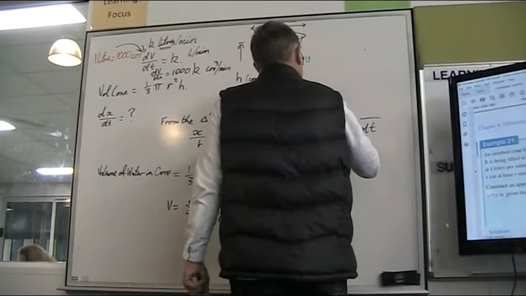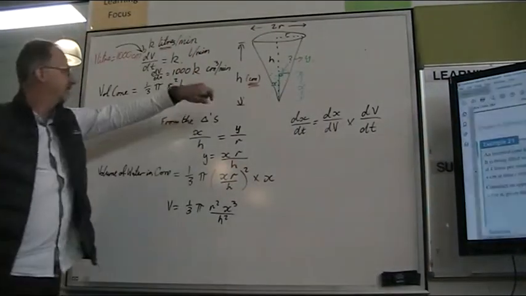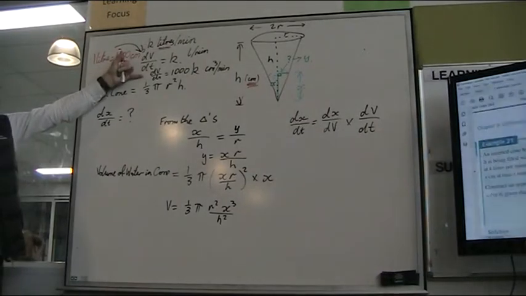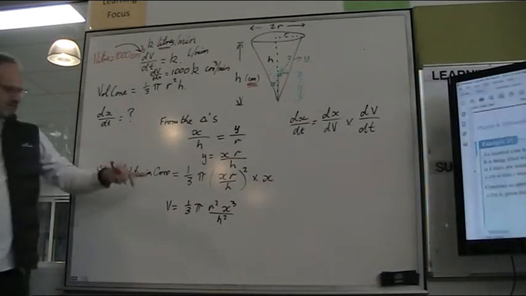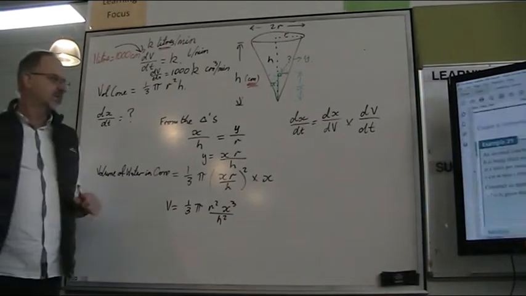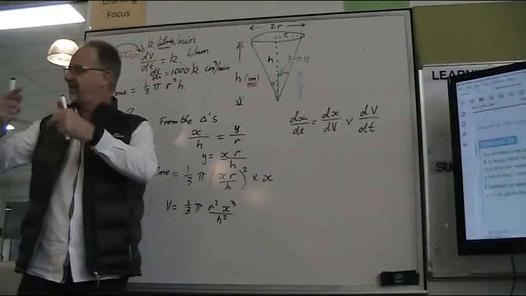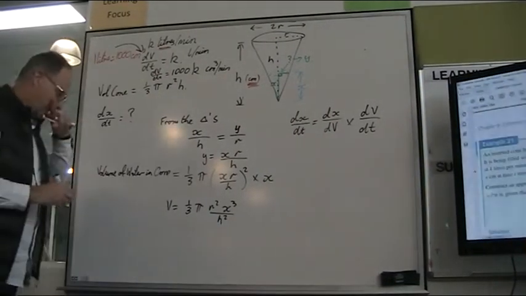So dx dv, dv dt. The dv dt, we've got that. We've got the volume in terms of x. So if we differentiate that and flip it, we'll be right, won't we?